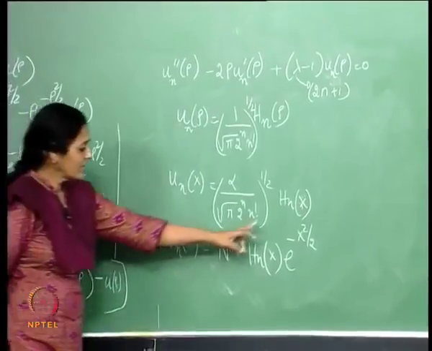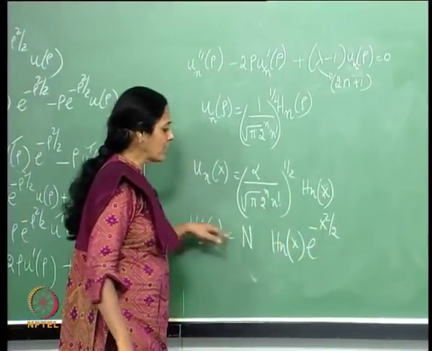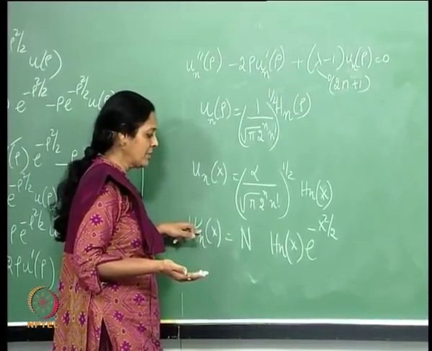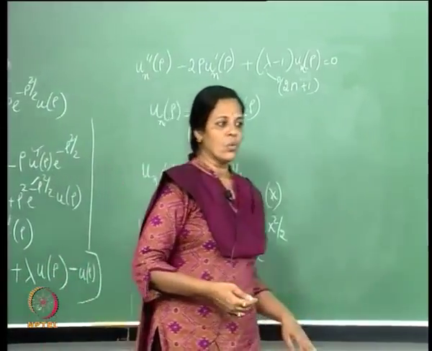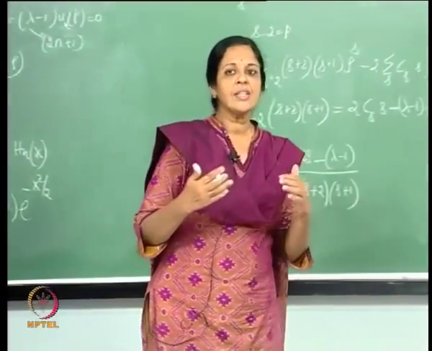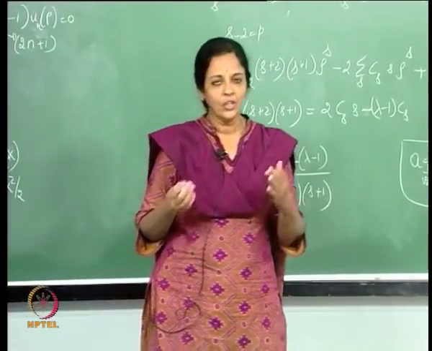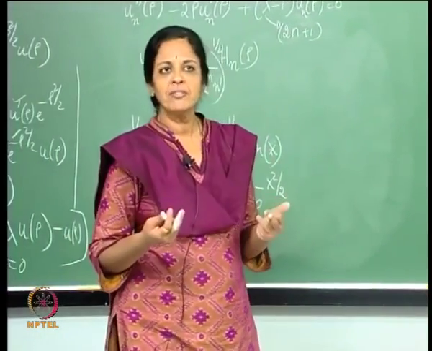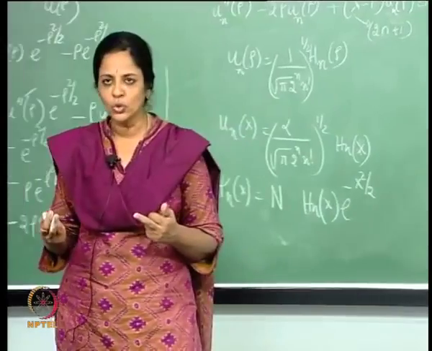The Gaussian takes care of the fact that the wave function goes to 0 sufficiently fast at space infinity. The Hn of x themselves arose because the series had to be truncated in order that the wave function was an admissible wave function. Not every wave function which is square integrable can be a solution to our problem.